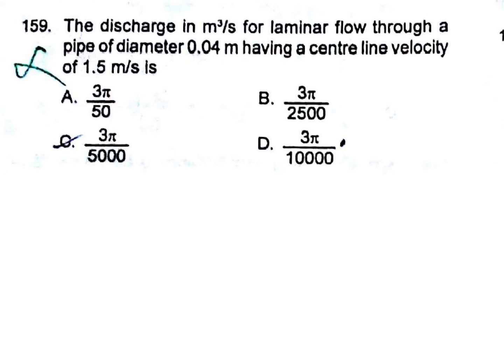Diameter given 0.04 meter, center line velocity is maximum velocity 1.5 meter per second in a pipe, so V average is half of V maximum. If you solve, we will get 0.75. We have to calculate the discharge.